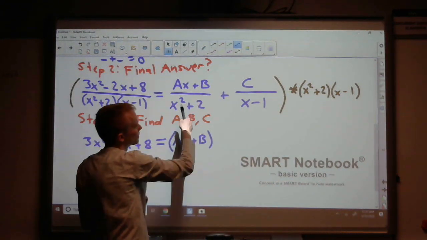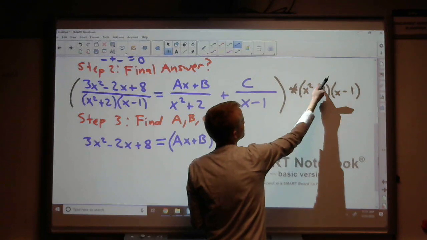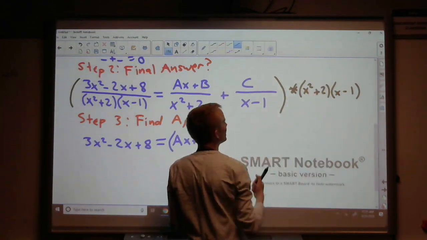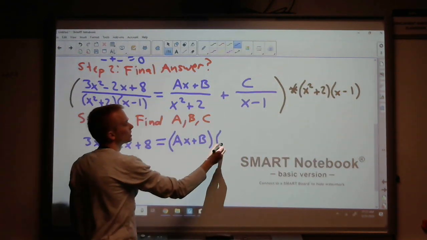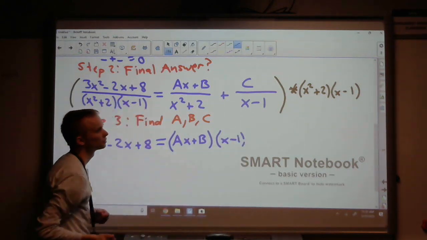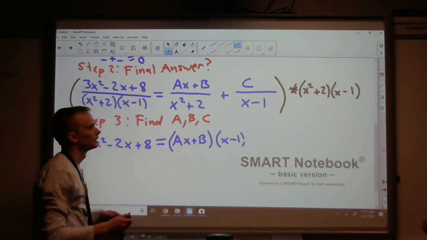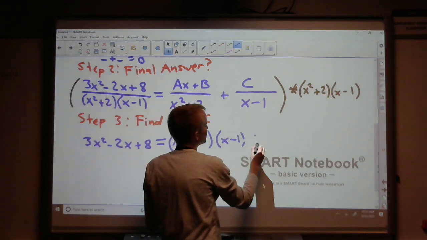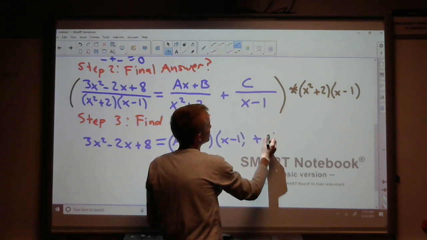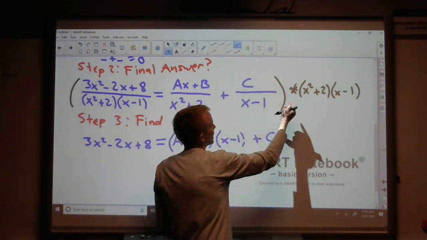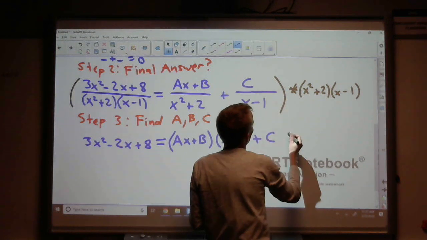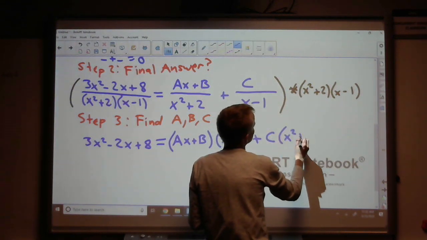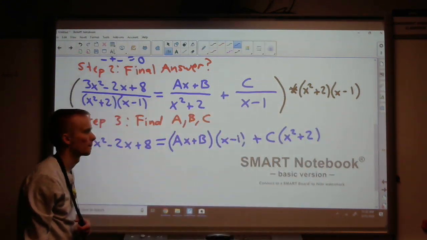There's an x squared plus 2 in the bottom times an x squared plus 2 in the top. That's going to cancel out. We're just left with x minus 1. Okay? And then our last thing is plus c. The x minus 1 should cancel out, and I just have x squared plus 2.